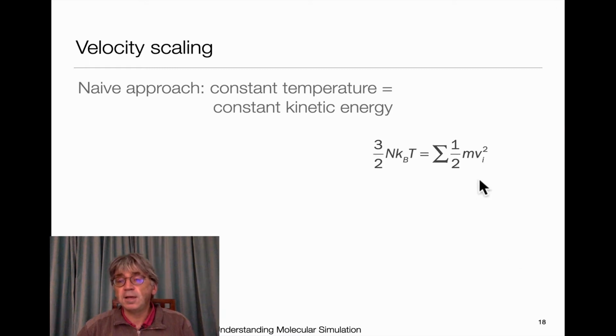After all, we know this is the way we calculate the temperature: we just look at the total kinetic energy and use equipartition to calculate the temperature of our system.